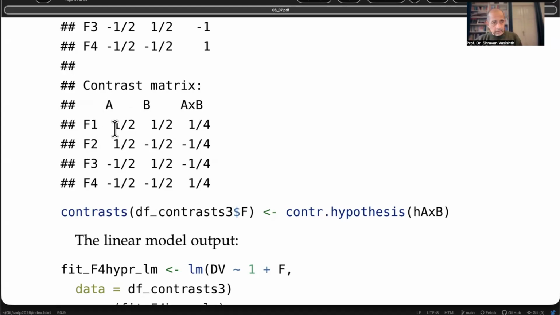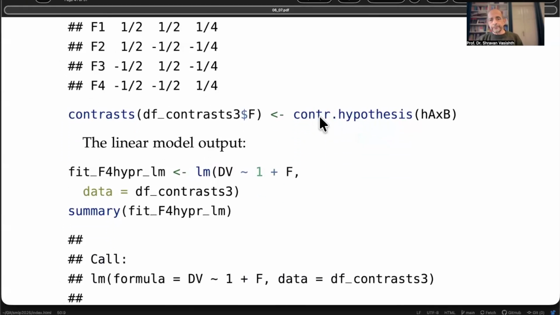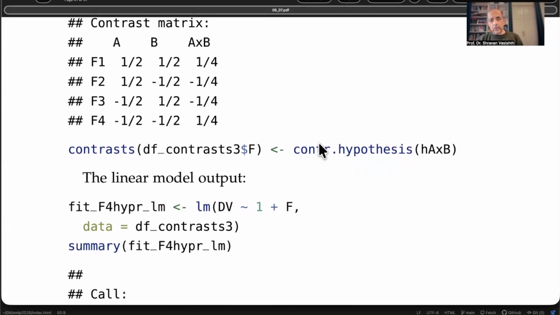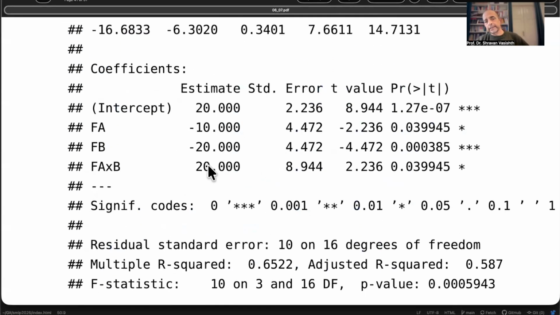So what we are doing now is asking whether the average of F1 and F2 is different from the average of F3 and F4. It's the main effect of A. Same thing, everything else is the same, right, as before. Main effects and interactions. So I could now use the contr.hypothesis function in hypr to plug the contrast matrix into the F object, and then I fit the model, and lo and behold, I get the same numbers again.